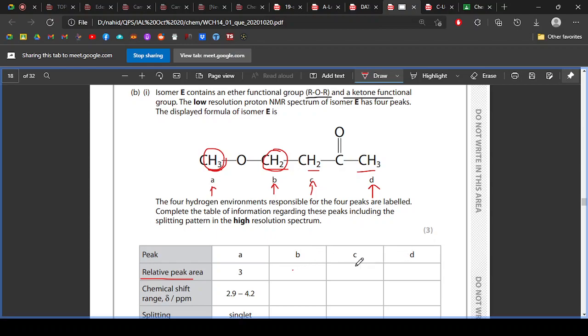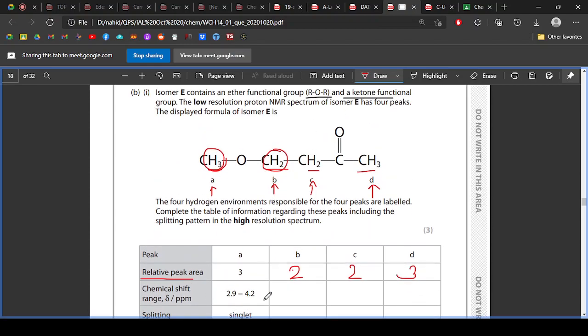Look at the structure, take help from the diagram. It has 2 hydrogens, so the relative area will be 2. What about C? C has 2 as well, and D has 3, right? Is that clear?